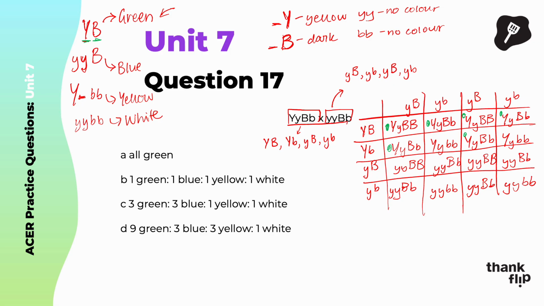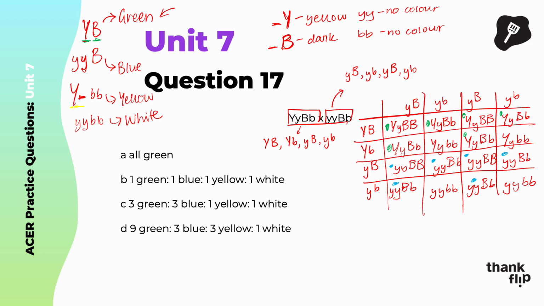Then we have blue for those that are capital B, but both lowercase y. So we have blue here, blue, blue, here as well, and here as well. And then finally, we also have yellow for when we have capital Y and lowercase b's.